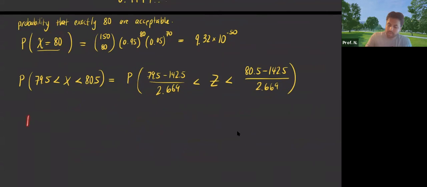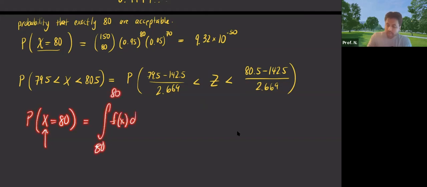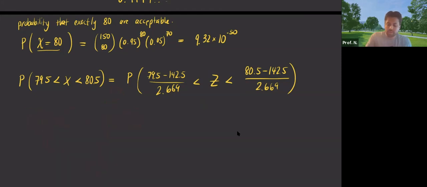Remember, if X equals 80 and X was a continuous random variable, this would be equal to the integral from 80 to 80 of your PDF, but we know this equals 0. So this will always equal 0 if you write it this way in the world of continuous random variables. That's why we have to add and subtract this 0.5, because it becomes like that sliver.